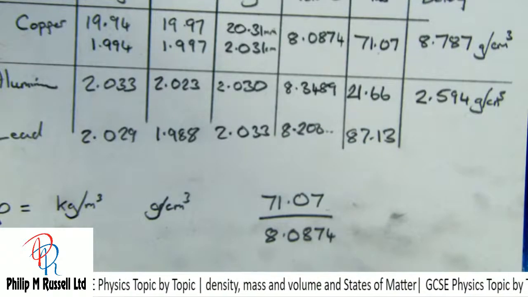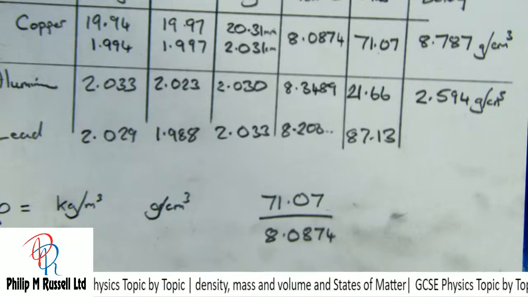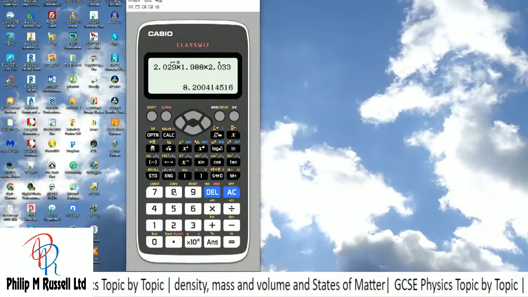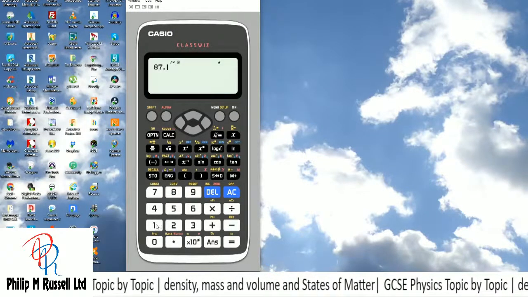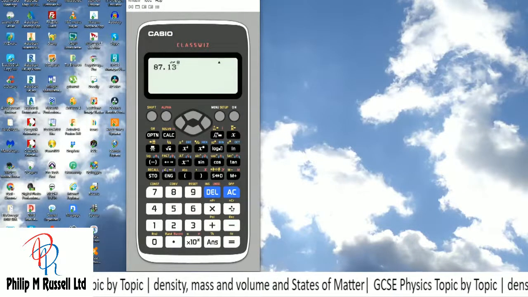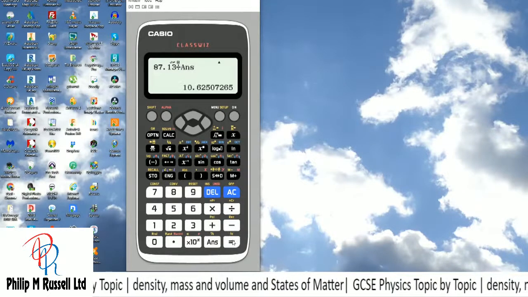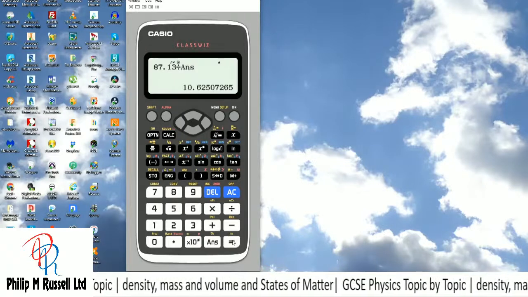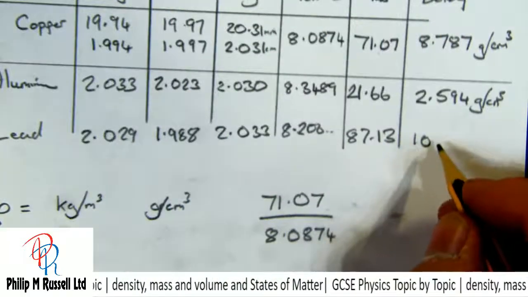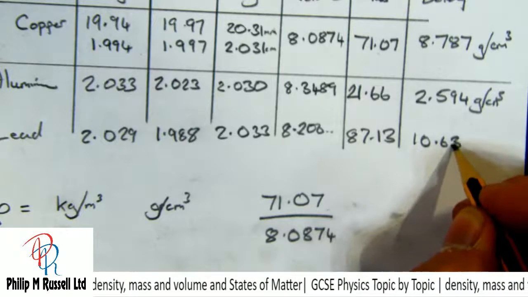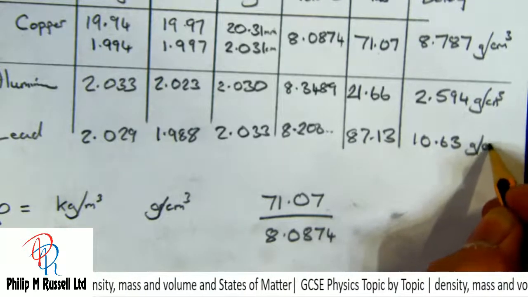So we're going to take our mass, which is 87.13, and we're going to divide that by my answer, and that's going to give me a density here of 10.63 grams per centimetre cubed.